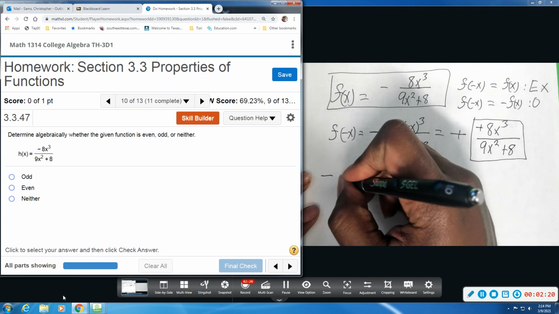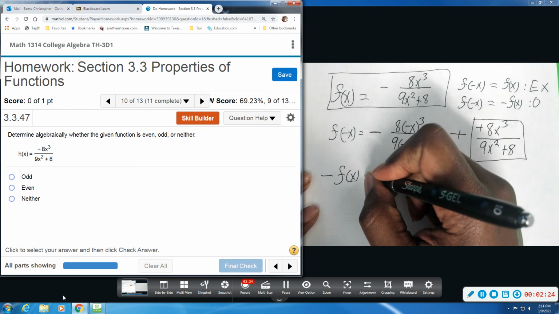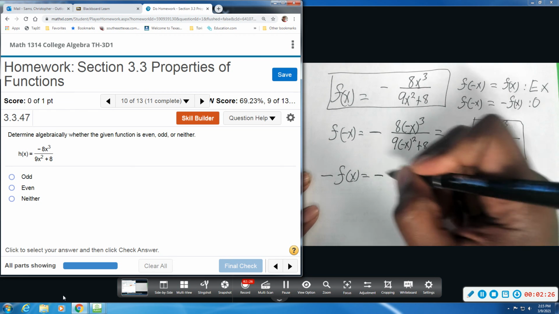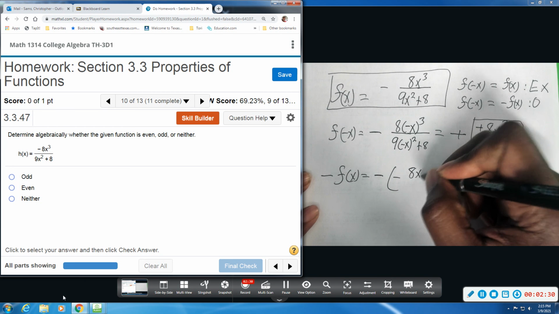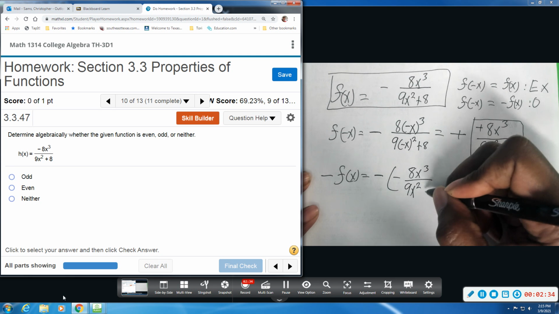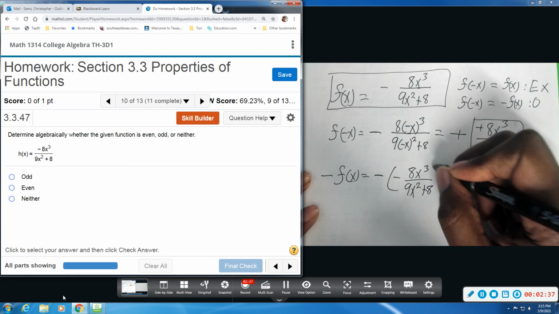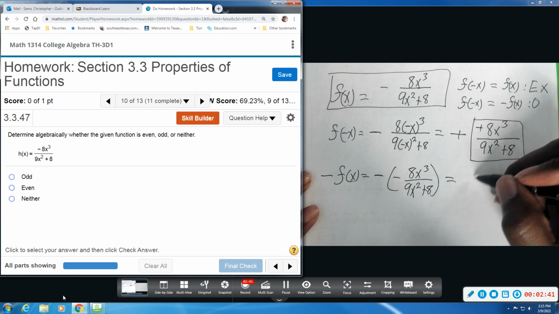And then when we do negative f of x, so negative on the outside, we just multiply that negative times what was already negative. And so this negative times the negative will come out positive.